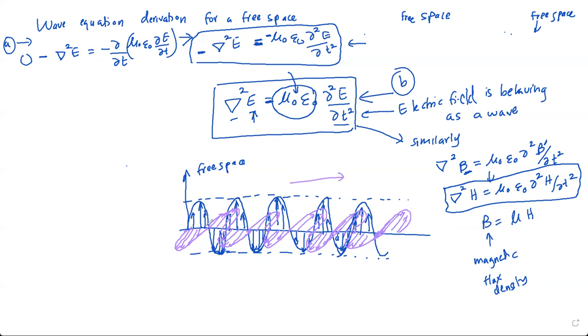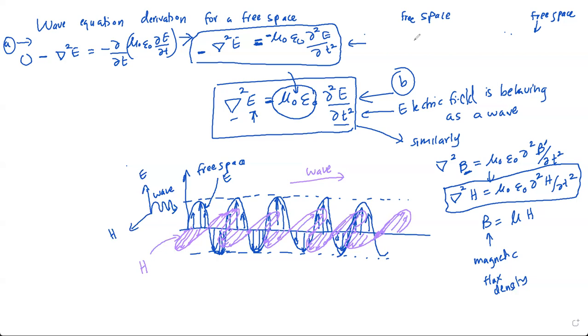So if we have the magnetic field in this direction and the electric field in that specific direction, then the wave will propagate in this direction, right? So therefore we can say that the wave is propagating in this direction.